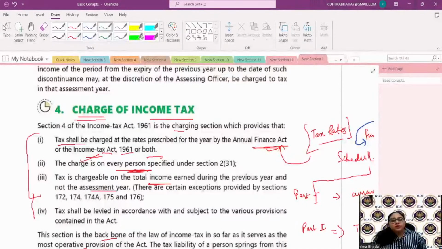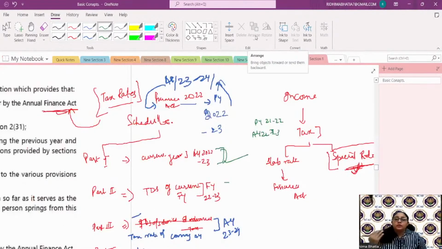Then it will tell you about the TDS rates. What are TDS rates? TDS rates are specifically the rates at which a person deducts tax. Who deducts the tax? That story later. For you, for now, part 1 and part 3 would be relevant. In part 3, I get to know about the tax rates of the coming assessment year.